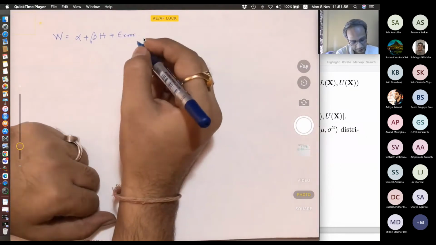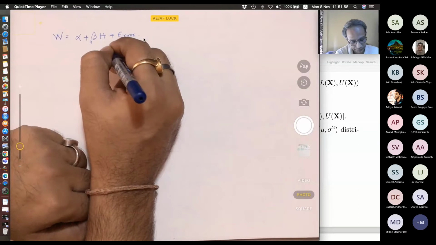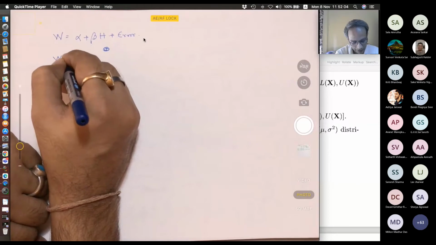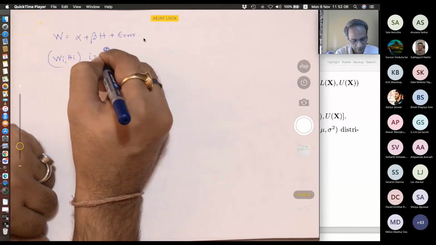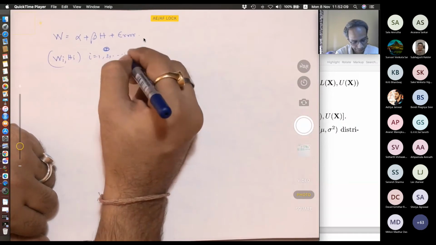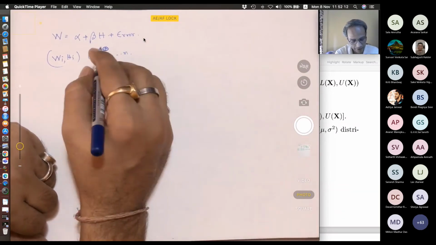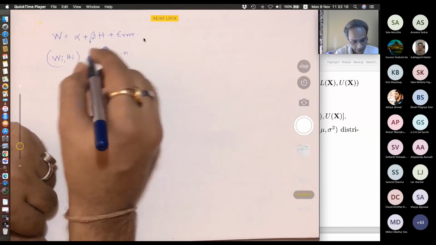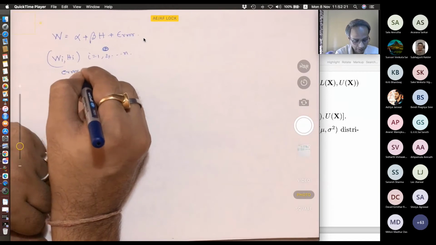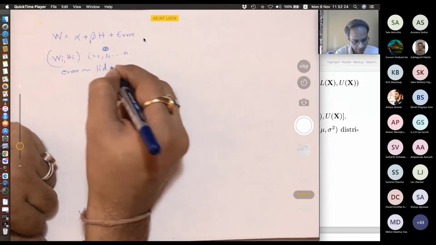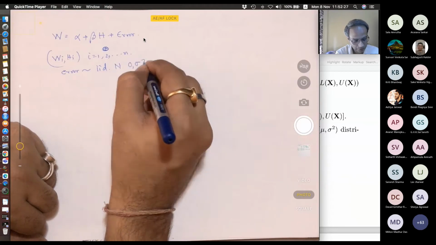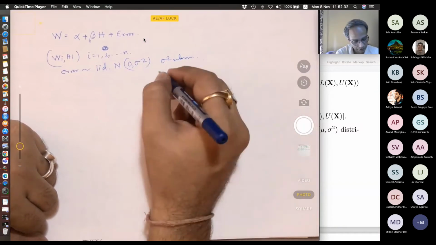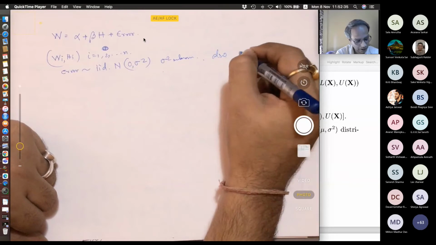For different individuals you get the observation W_i, H_i, with i running from 1 up to n. Usually the assumption is that the errors are IID normal(0, sigma square), where sigma square is unknown, and also alpha and beta are unknown.